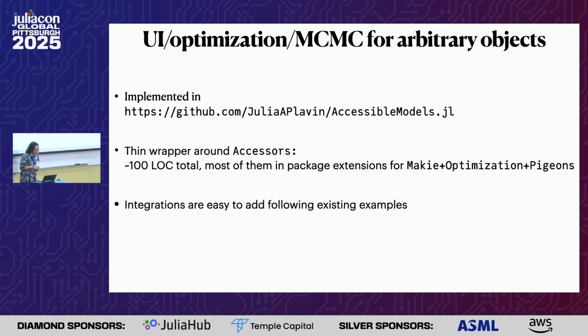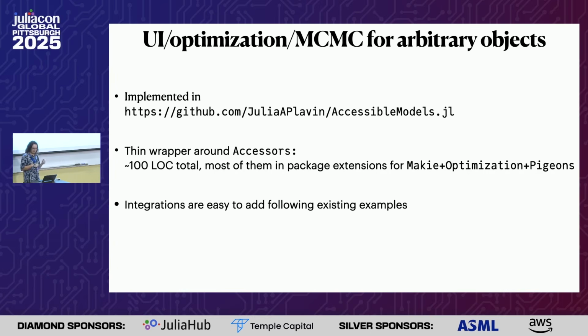So it is implemented in AccessibleModels. Probably I should register it soon. This is a really very thin wrapper around Accessors. With all the Makie, optimization and Pigeons support, it's about 100 lines total. And most of them, of course, are in package extensions to make these connections between the actual object and the API of Makie, Optimization, Pigeons. Integrations are easy to add.